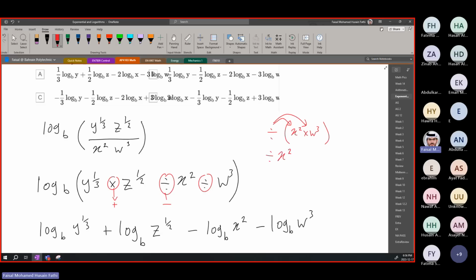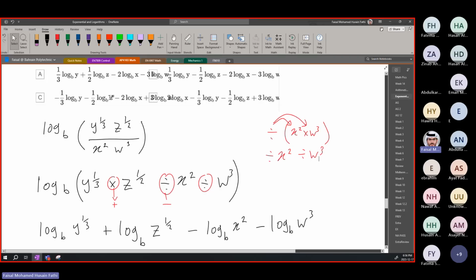So division x squared, division w cubed. You could think of multiplication as positive, and division as negative. It's the same way in distribution. Don't confuse yourself with this. If you see it at the bottom, put division. If you see it at the top, put multiplication. That's simple. All right?